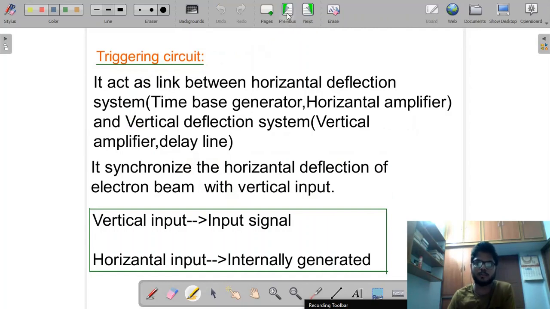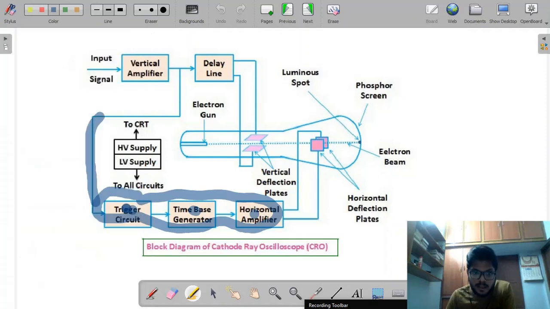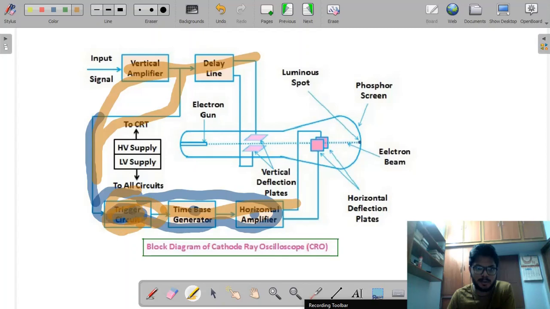The triggering circuit acts as a link between the horizontal deflection and vertical deflection systems, synchronously. If I show a diagram, you will get more clarity. This is the triggering circuit. It acts as a link between the vertical deflection system and the horizontal deflection system, and it synchronizes the electrons that go on the x-axis and y-axis.